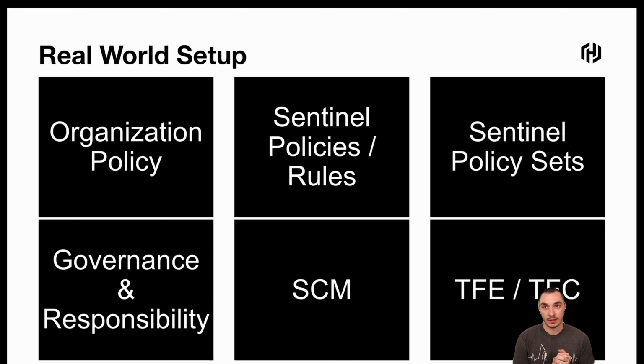All right, let's talk for a minute about a real world setup in terms of how we usually see Terraform being used, which entities are in this ecosystem, and how Sentinel comes into play. We've already heard about organization policies. This is something that should already be in place. If you're a platform engineer, DevSecOps engineer, something like that, you should not come up with organization policies.